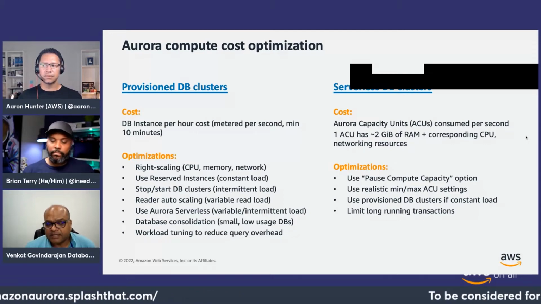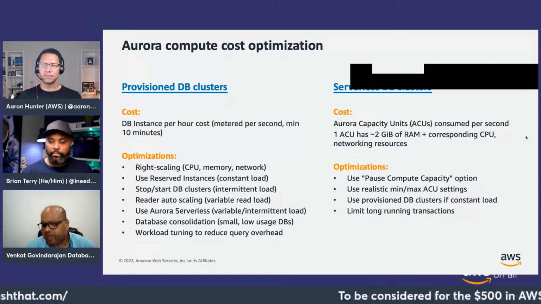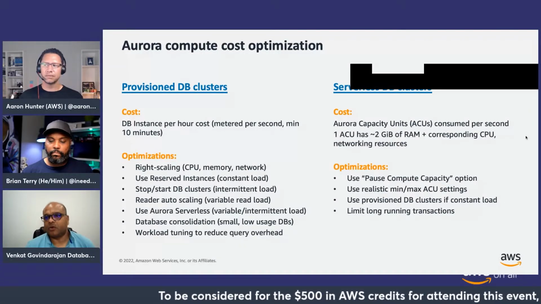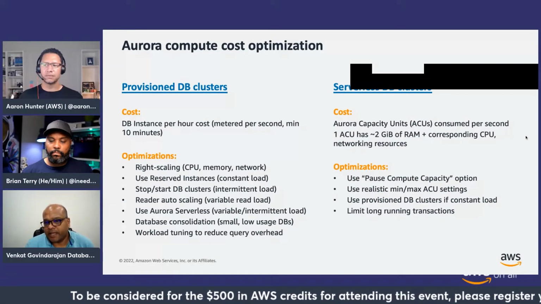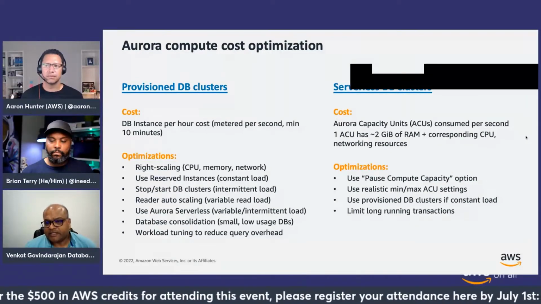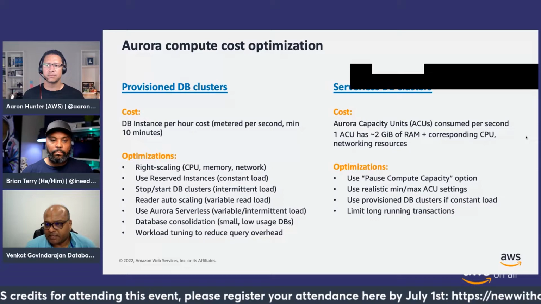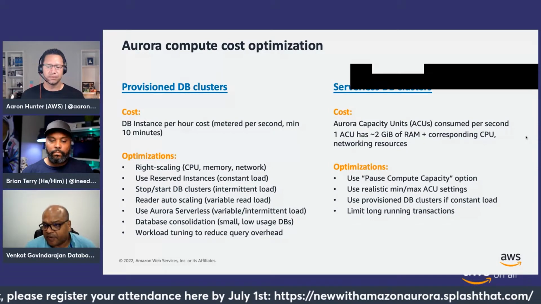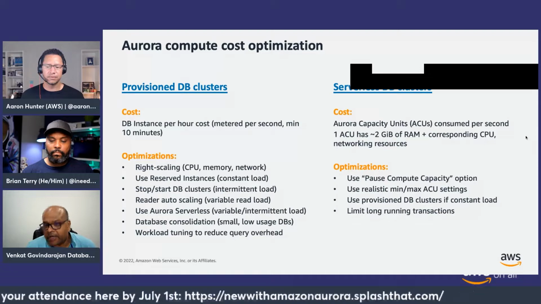And database consolidation. Over a period of time, we build so many disparate databases, each having their own instances, their own storage, their own capacity built into it. Now, we can take this opportunity to consolidate some of those. We talked about having 128 terabytes of disk space available in Aurora.